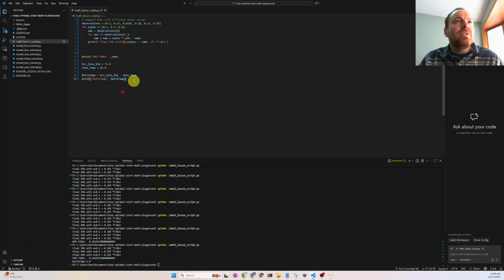And then if we wanted to back calculate minutes, which is the most important thing in my opinion in these optimal start algorithms, is how many minutes do we need to condition the zone. What did we do yesterday or the couple days before? I think it was dividing delta temp divided by EMA.